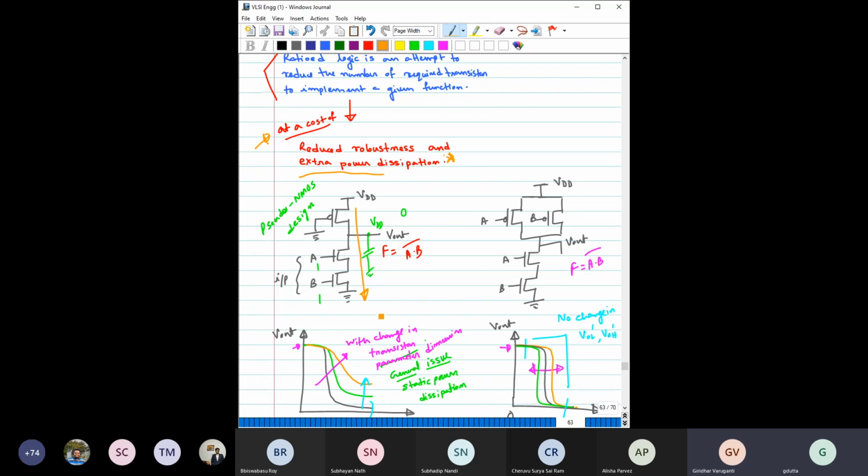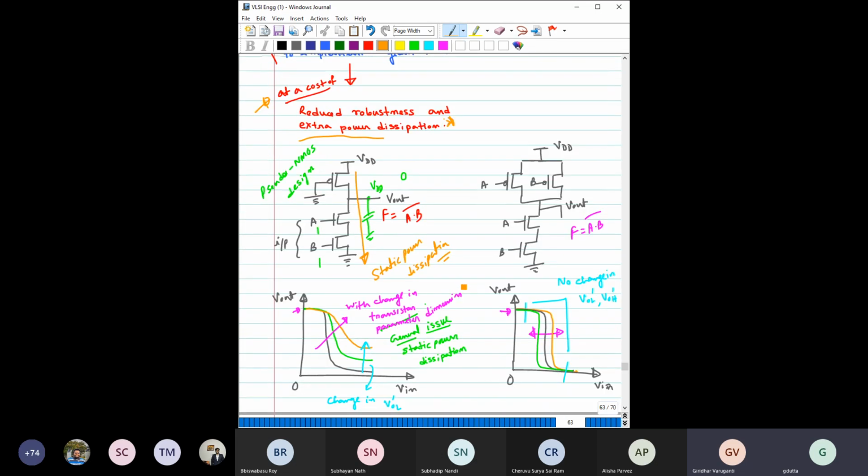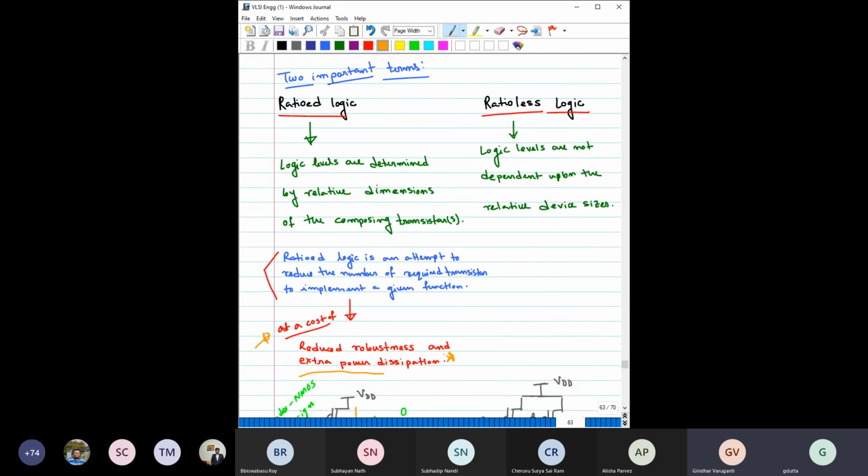So you have a static power dissipation issue, unlike CMOS. I hope this discussion of ratioed logic and ratioless logic is clear to you, and if any logic is given to you, you should be able to tell whether it is ratioed or ratioless logic.